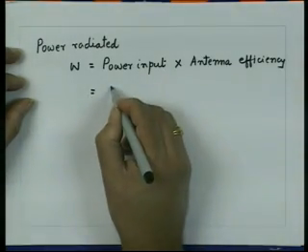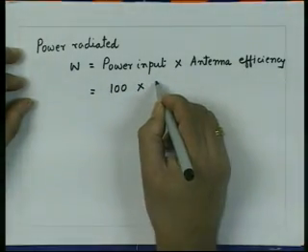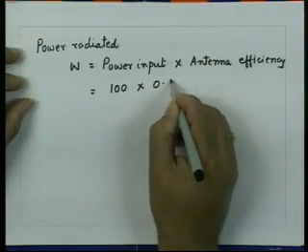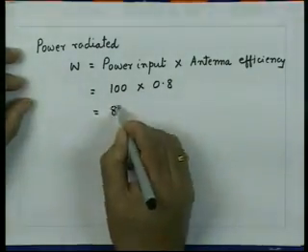It is given that the input power to the antenna is 100 watts and the efficiency of the antenna is 80%, that is 0.8. So, the total radiated power is 80 watts.